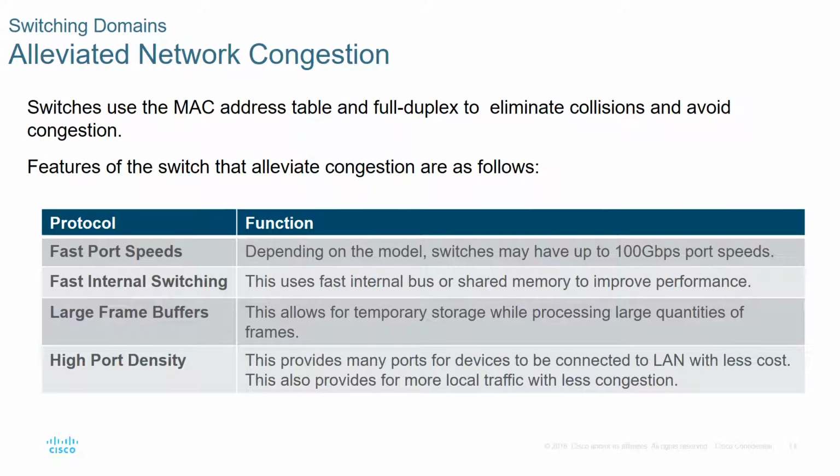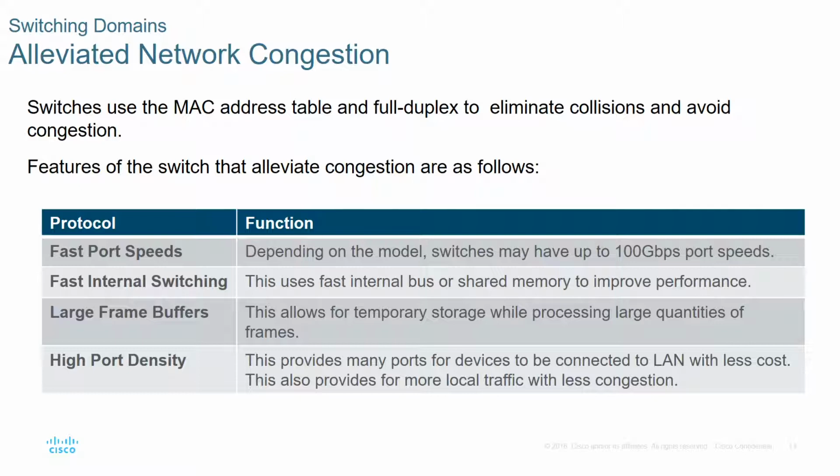Alleviating network congestion. Switches use the MAC address table and full duplex to eliminate collisions and avoid congestion. Features of the switch that alleviate congestion are as follows. Fast port speeds. Depending on the model, switches may have up to 100 gigabits per second port speeds. Fast internal switching.